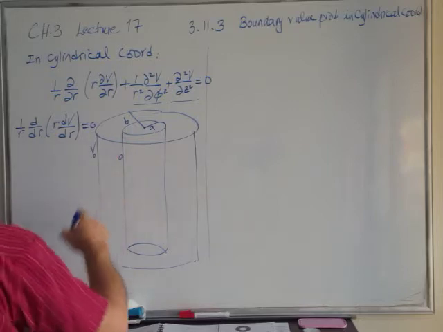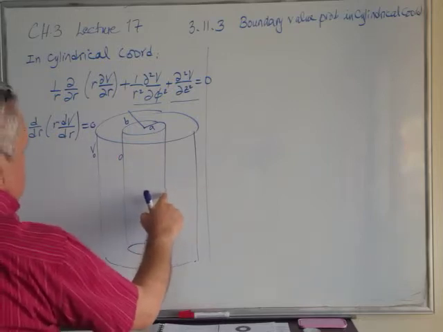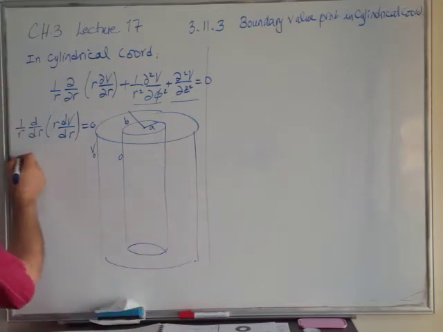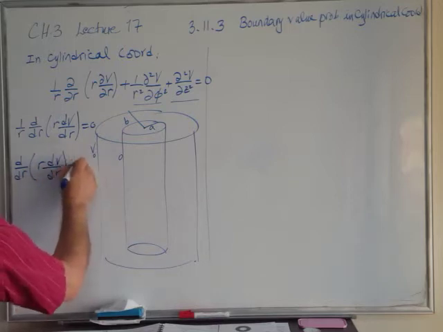You can multiply by r on both sides because r is different from 0. We are working between A and B. Then d by dr of r dv by dr is 0.